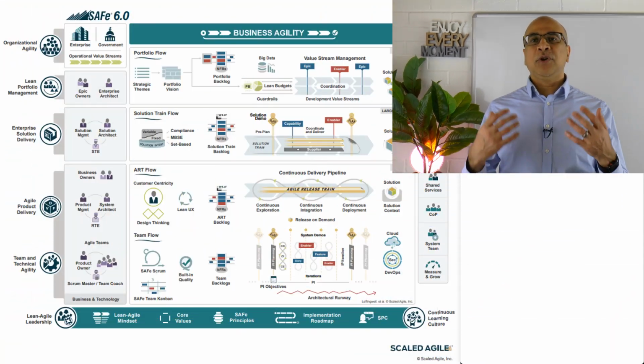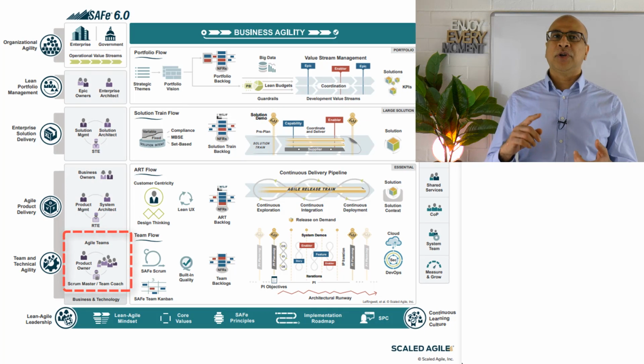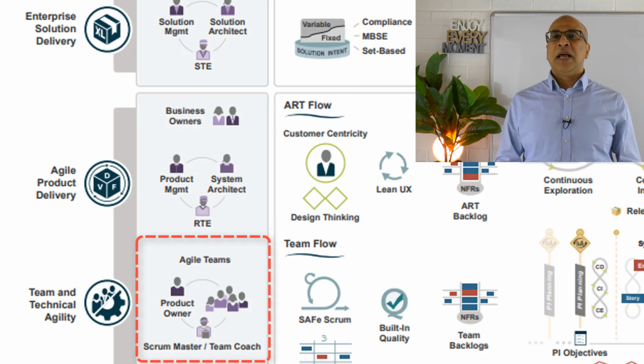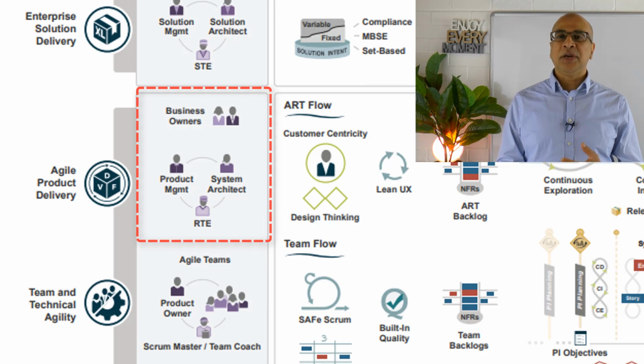So if you look on the screen, what you will see is at the team level, we have a product owner, we have the Scrum Master, and we have the Agile team. At the Agile Release Train level, we have the product manager, the system architect, the release train engineer, and the business owner.